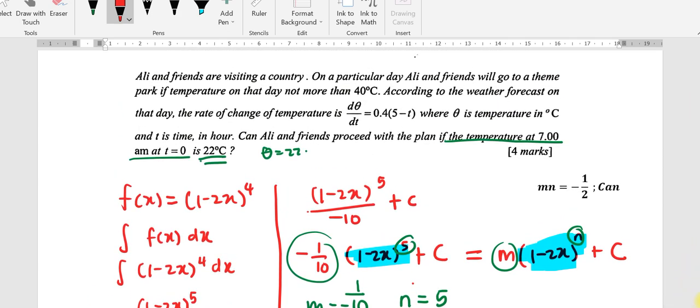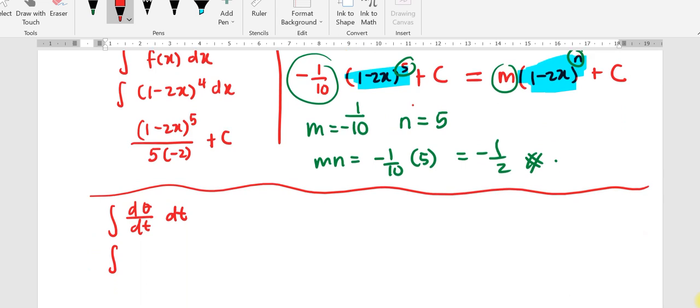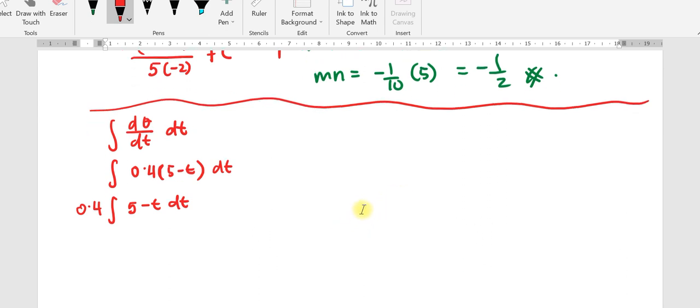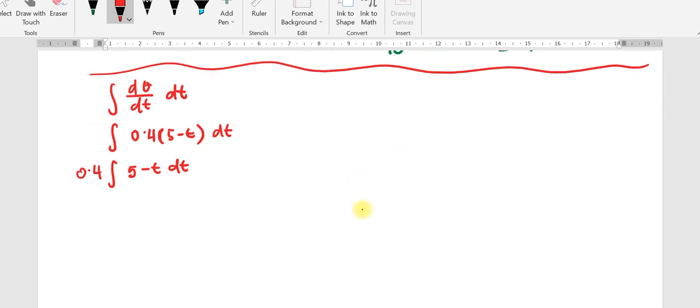So let's see what is d theta over dt: 0.4 (5 minus t) dt. Actually the 0.4 you can take out, constant, right? 5 minus t dt. Let's integrate this. What do you get? You are actually getting theta. Don't forget that, because the integration and differentiation cancel off, you get theta.